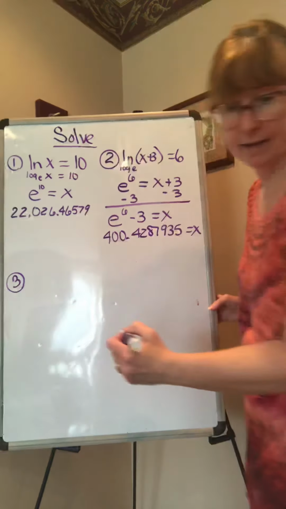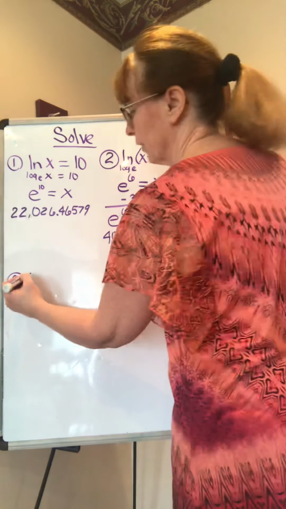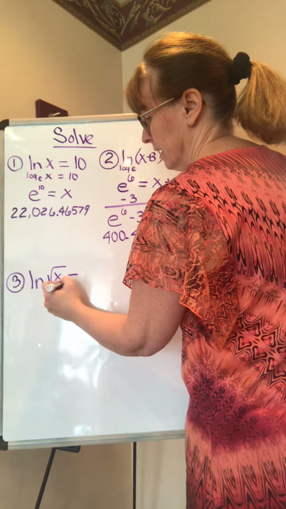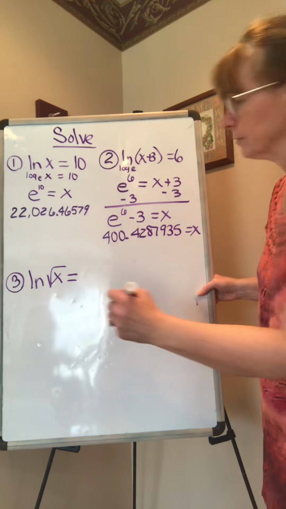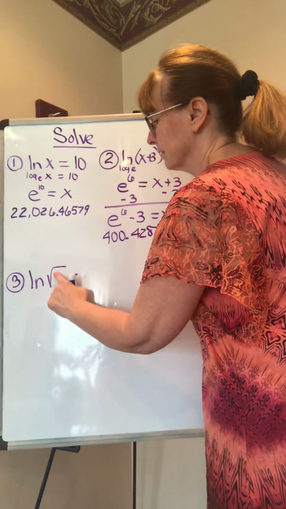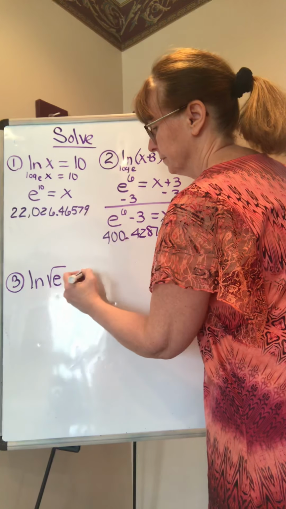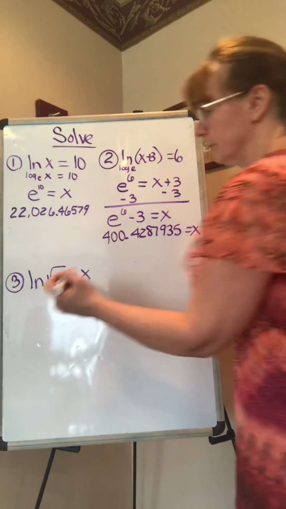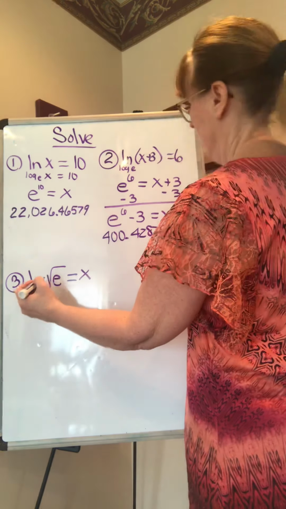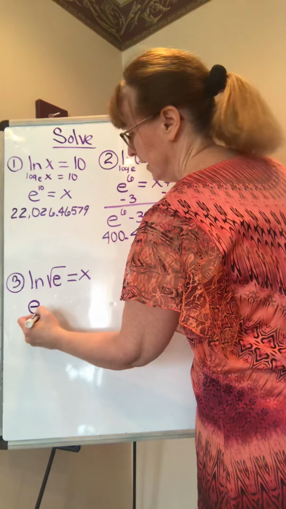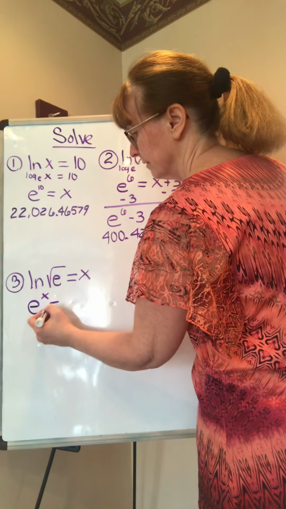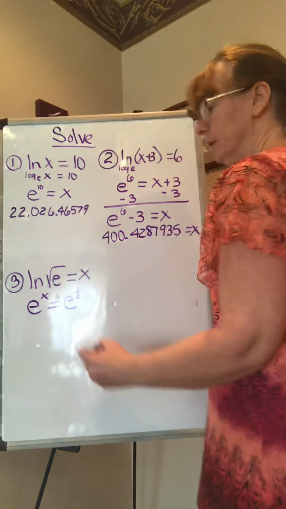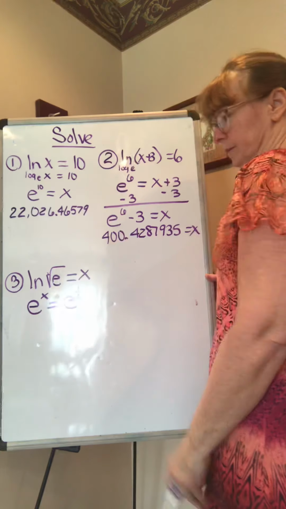Number 3 has the natural log of the square root of e is equal to x. So when I do this one, this gives me e to the x is equal now to e to the 1/2 power because of the invisible index of 2.